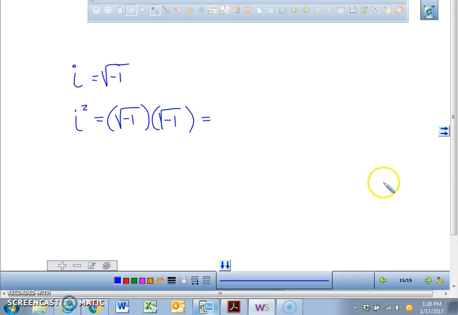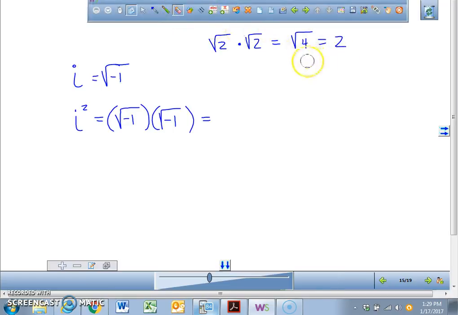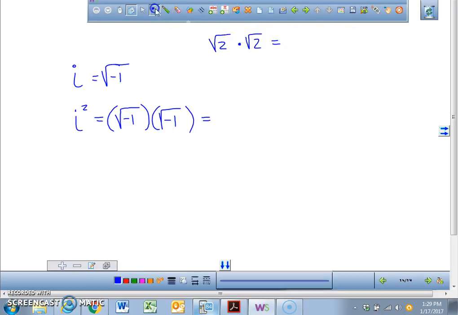Now, to review how we multiply radicals together, here's a really easy example. The square root of 2 times the square root of 2 equals the square root of 4, which just becomes a 2. So right now, I want you to skip a step, and just say the square root of 2 times the square root of 2 is 2.